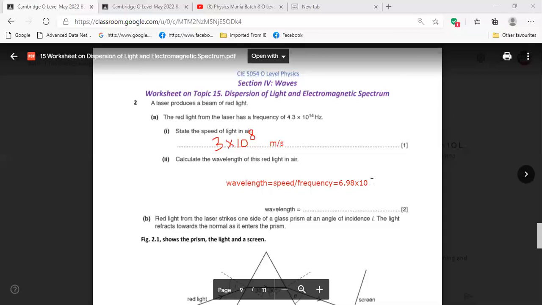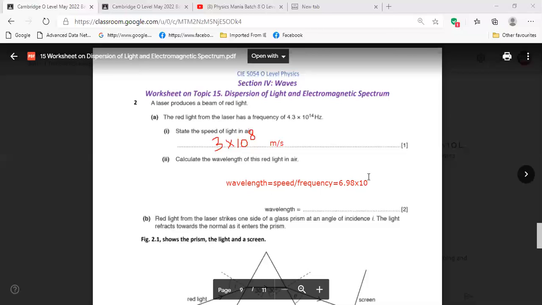Monica, I did not give you the power yet. Now it comes 10 to the power negative 7. Yes, minus 7, right? Yes, sir. 10 to the power minus 7, and it should be like that. 6.98 into 10 to the power minus 7.